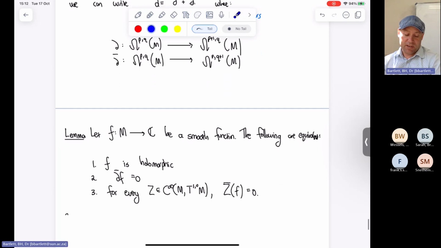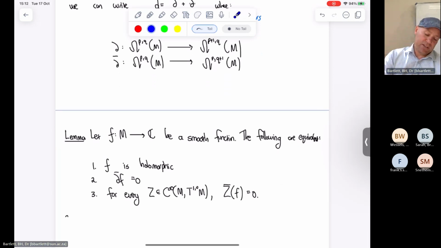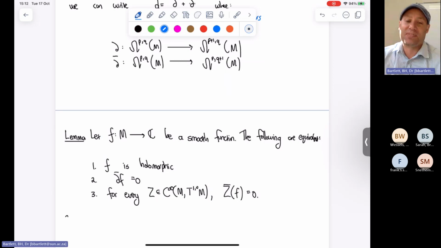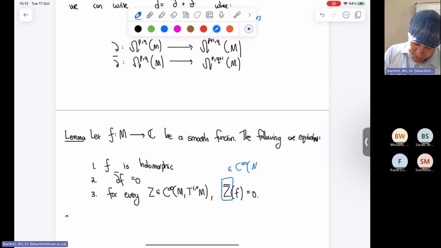And then the third equivalent condition is that for every smooth vector field Z of type 1, 0, when I take the complex conjugate of that, and I call that Z bar, that should be a vector field of type 0, 1, right?